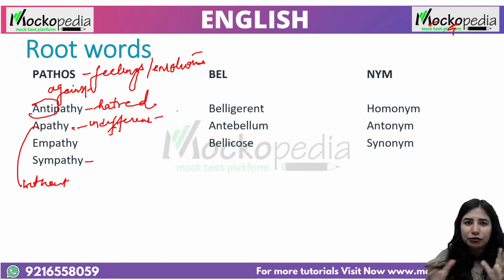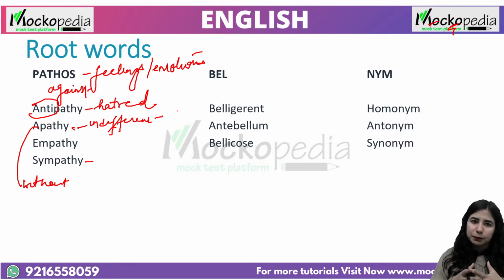Otherwise it becomes a lot of confusion, empathy, sympathy, antipathy, apathy, and at times we get mixed up. If you're associating, or finding logical ways to retain, then things would work. So do some discussion, do some homework, put a logical idea behind it, innovate, and then you will enjoy the process.